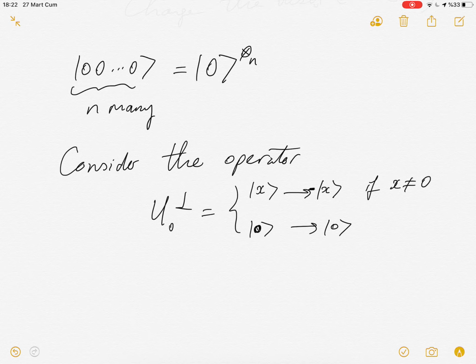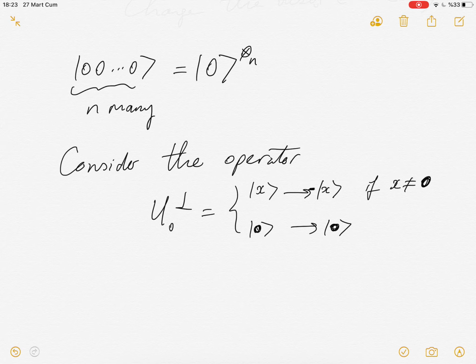I should maybe make this bold to explicitly state that we're working with n many qubits. Right. So it maps 0 to 0. It leaves 0 the same, but it maps anything else to the same state with the negative phase. It maps x to minus x as long as x is not equal to 0.